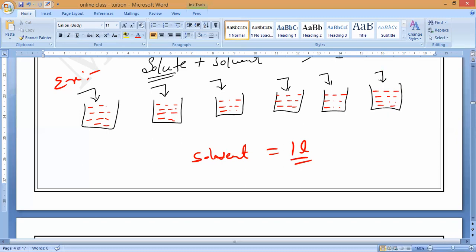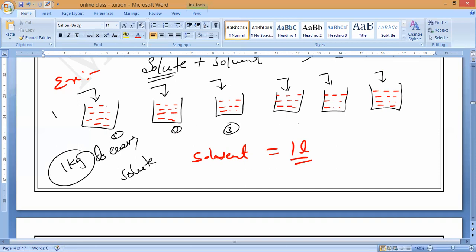Suppose I give you 1 kg of every solute, different solutes. Will every solute dissolve the same amount in every solution or different amounts? That is what I want.